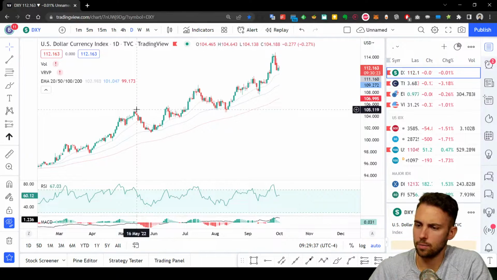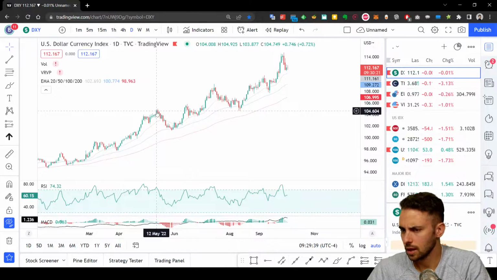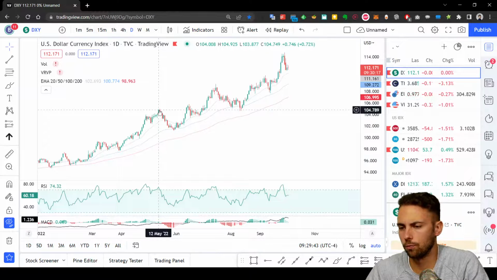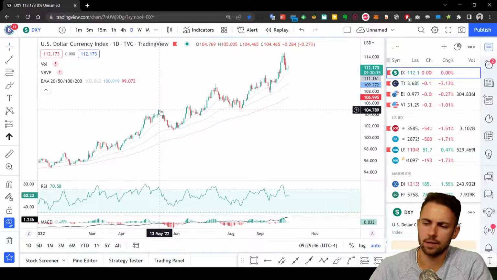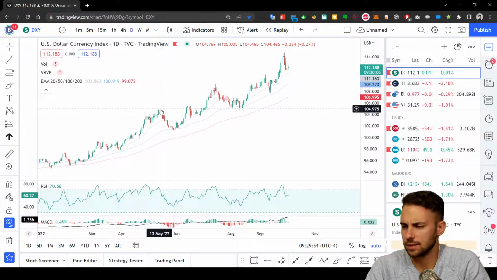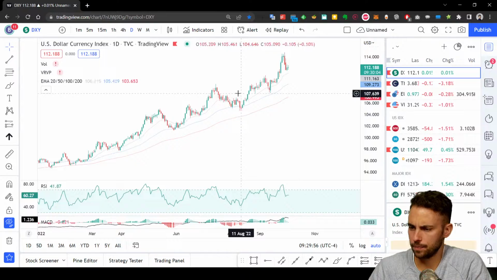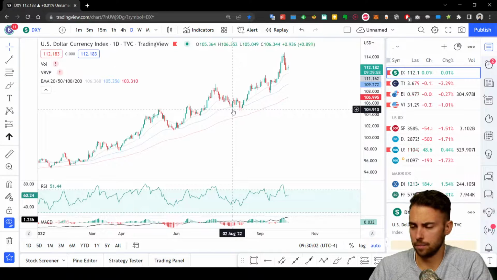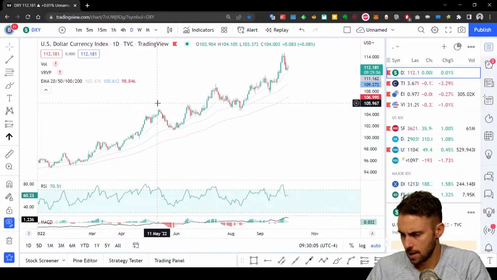On DXY we may find resistance at the 104 level, which was met on the 13th of May, and that was the resistance that coincided with the stoppage of the price right after, in the beginning of August.